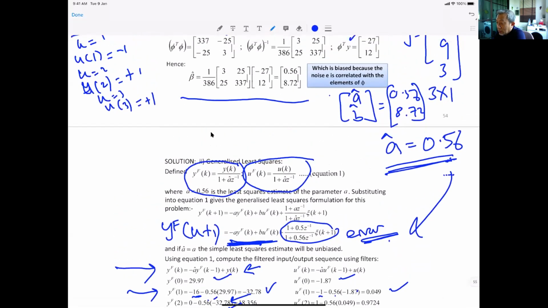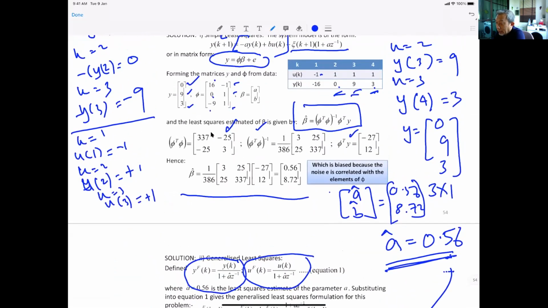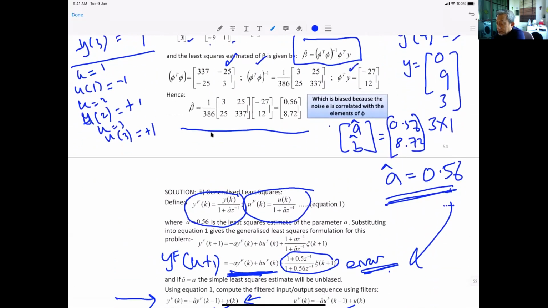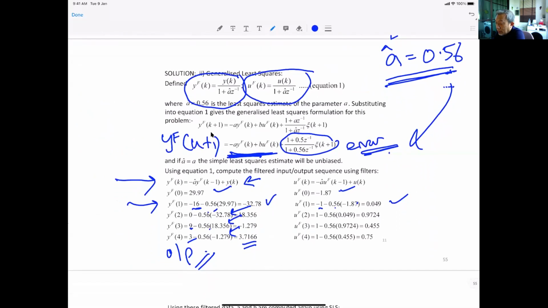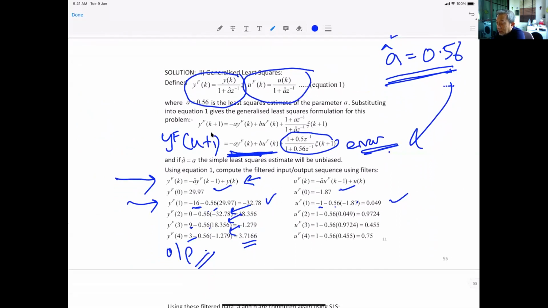U2 from the data is 1. So 1 minus A cap 0.56, then multiplied by 0.049 from the first calculation. Now you get 0.97. Then UF3: 1 is U3 from the data, minus A cap 0.56 multiplied by 0.9724 from the UF2.